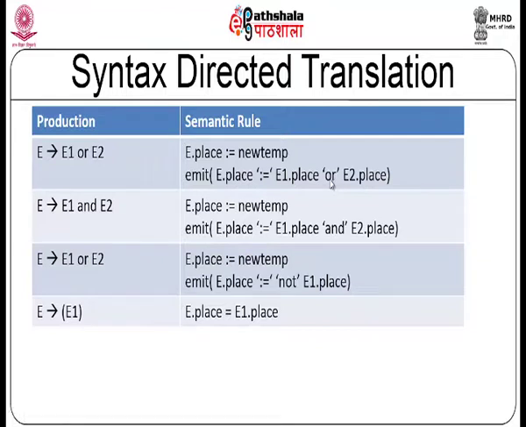I am computing A or B, B or C, whatever it is. So, E dot place is equal to new temp, emit E dot place is equal to E1 dot place or E2 dot place. Similarly, the next production is nothing but replacing that with and, and this one is nothing but replacing it with not. And if it is a parenthesis, I have E dot place is equal to E1 dot place, which simply prioritizes the execution of E1.